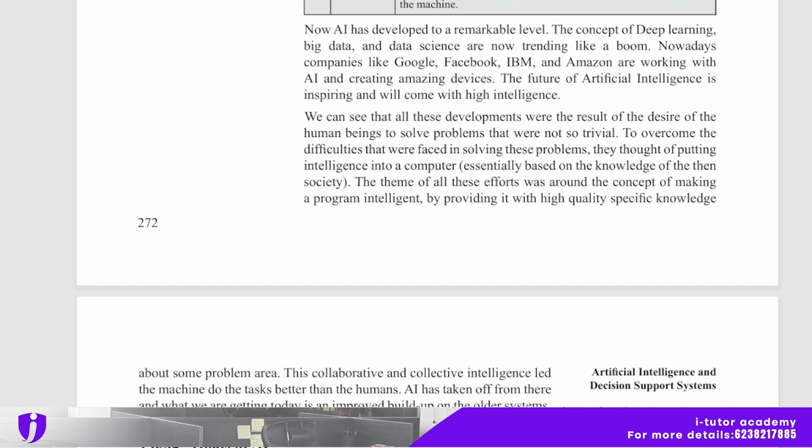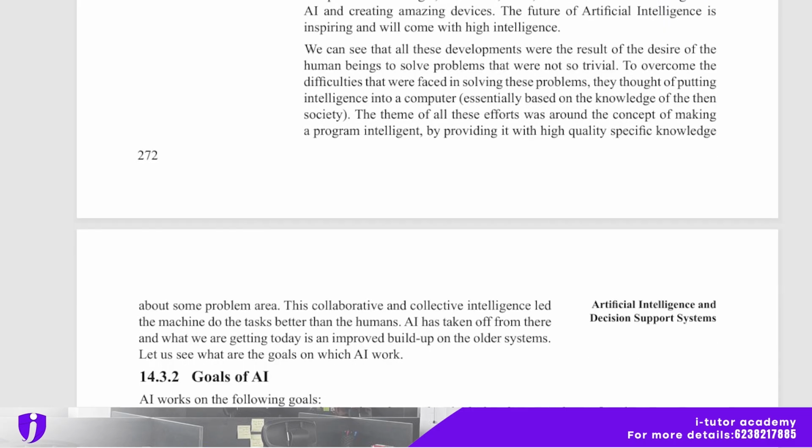The future of artificial intelligence is inspiring and will come with high intelligence. We can see that all these developments were the result of the desire of human beings to solve problems that were not trivial and to overcome the difficulties faced in solving them.